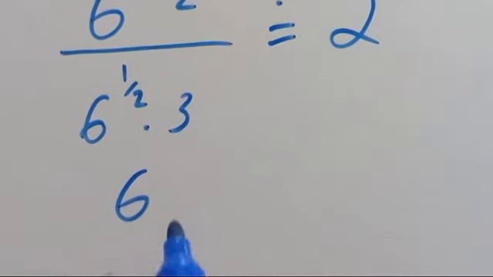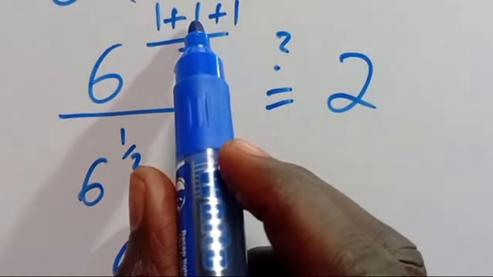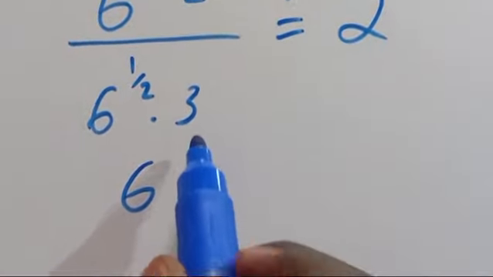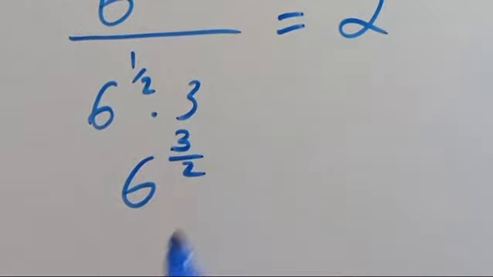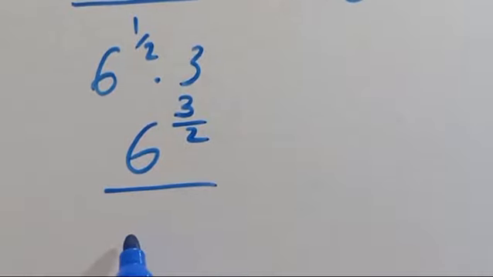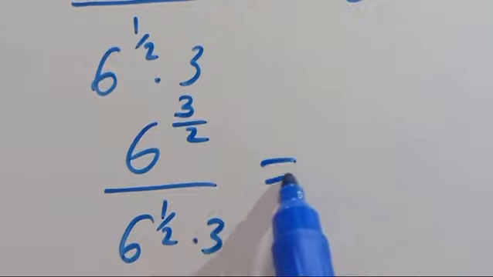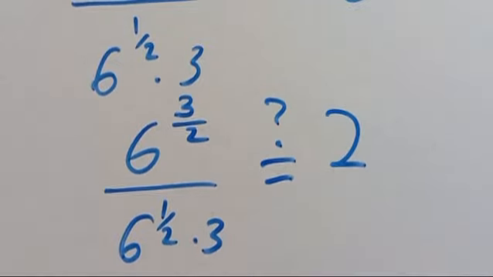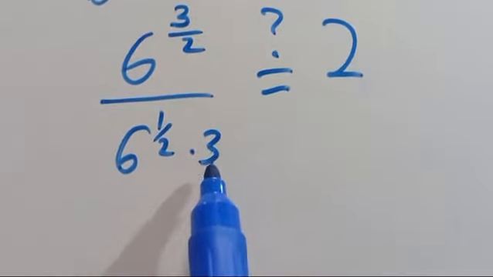So we have 6 to the power of 1 plus 1, 2, plus 1 will give us 3. So here will be 3 divided by 2, divided by here 6 to the power of 1 divided by 2, multiplied by 3. Then this is going to give us 2. Let's multiply 2 by 3 to eliminate this 3.